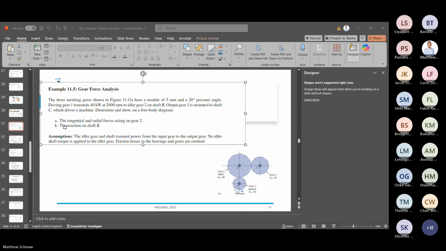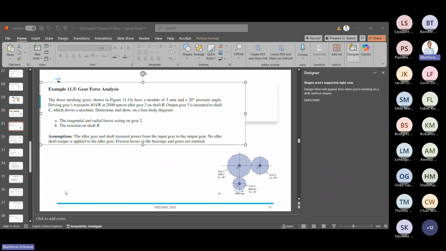Let's choose a circle for us here. Perfect, that looks like a circle.